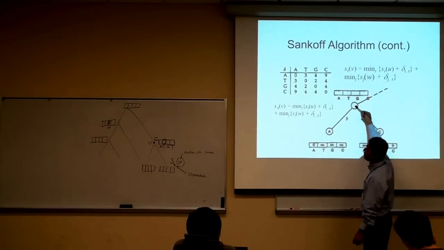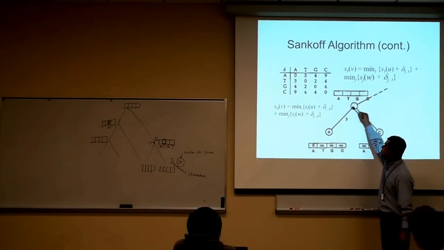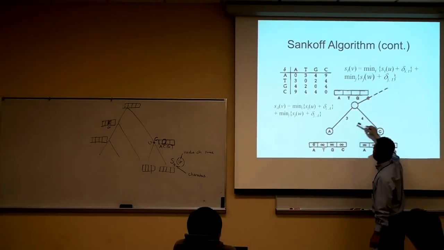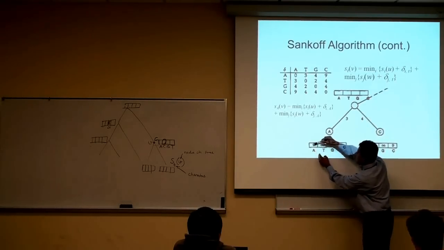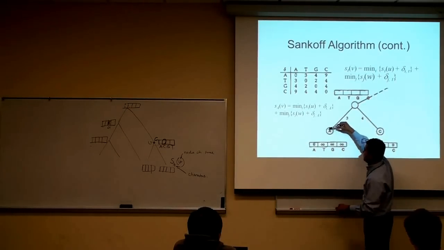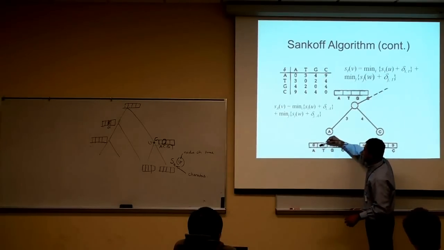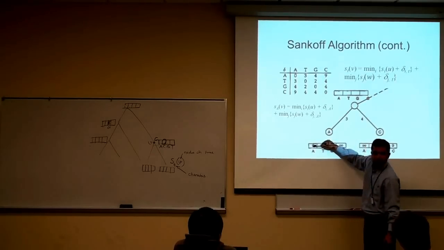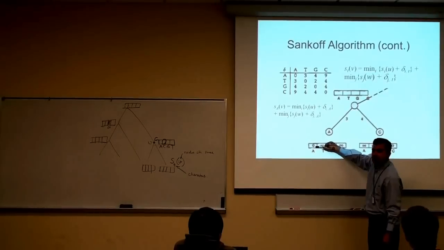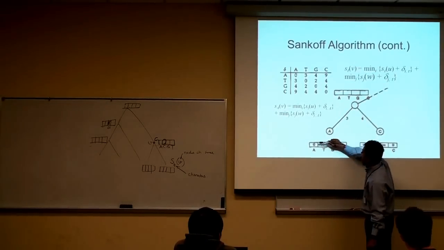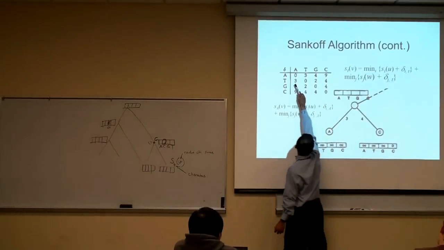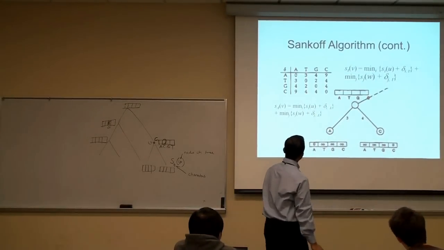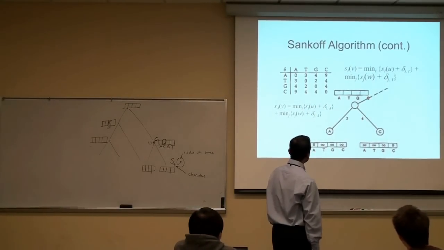If you put an A here, what's going to happen here? Well, you have 4 options for this node. One of them is 0, the others are infinity, so you have to choose 0. You have to choose an A here, in which case if it's an A and you're putting an A here as well, an A to A is, what did I do? It's not right. Yeah, that's right. 0.